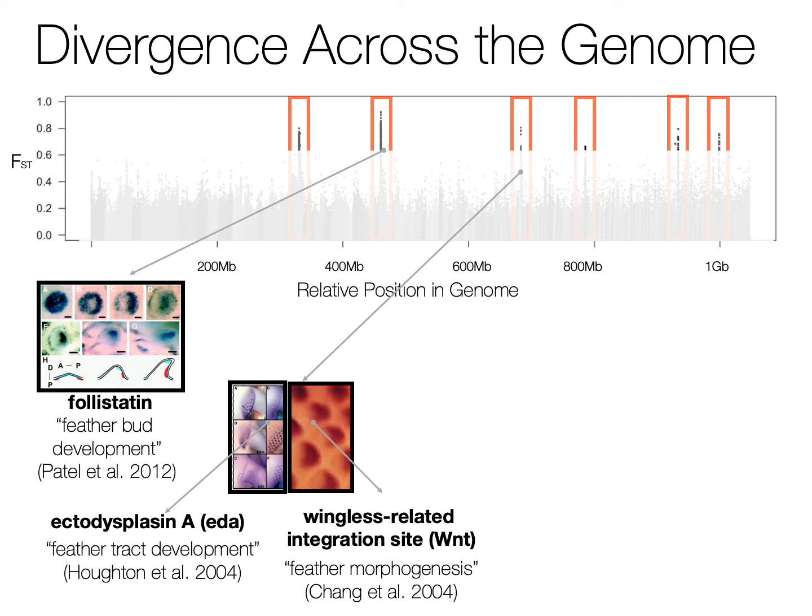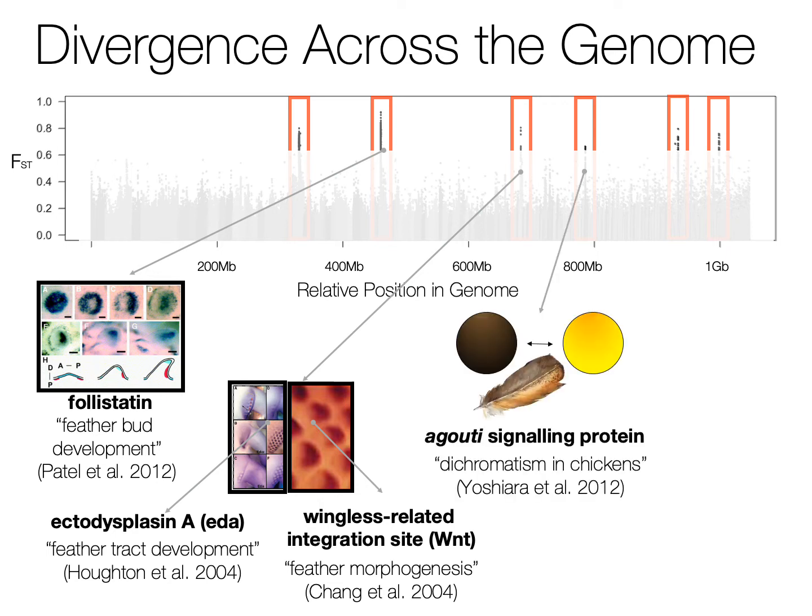This divergent region is also near another important developmental gene, wingless-related integration site, or WNT, which is involved in feather morphogenesis. Again, you can see where ectodysplasin A and wingless-related integration site are being expressed in these images of developing feather tracts.